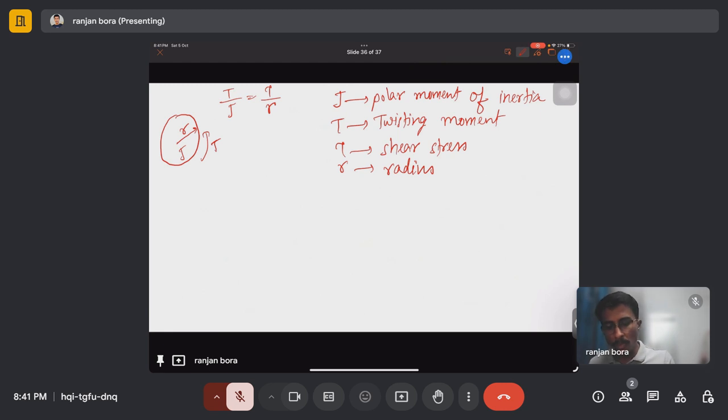So we can see from this that tau is T r by J.